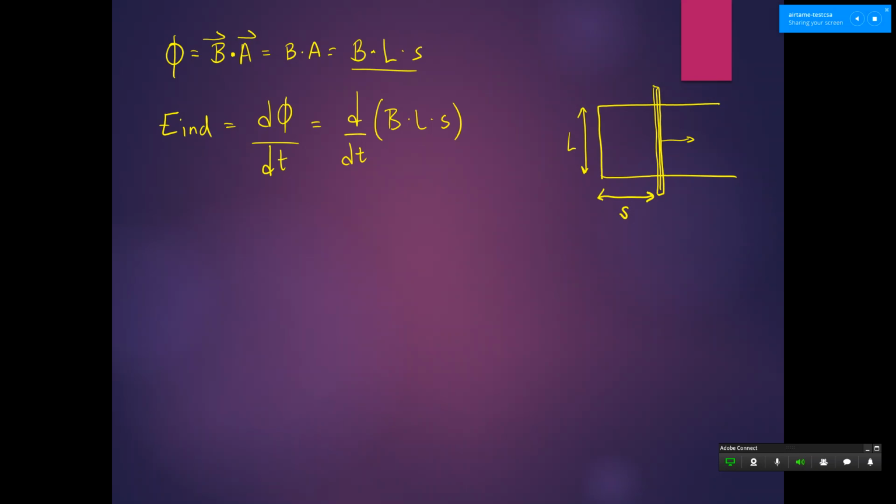B and L are constants, all right? So now I can rewrite that my E induced is equal to B times L times dS by dt.